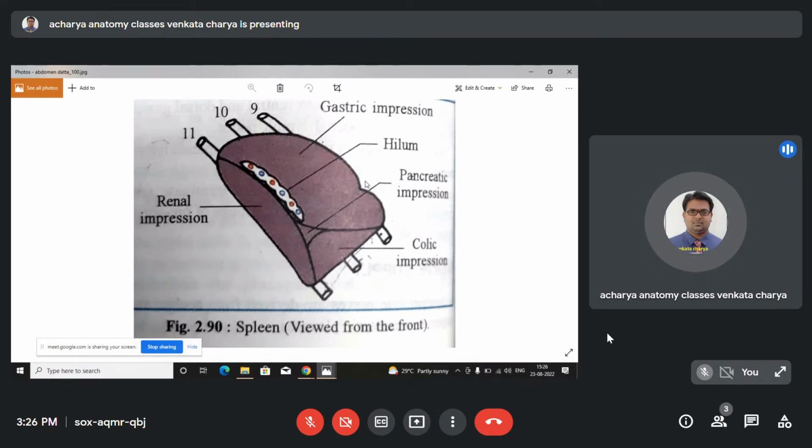See, the anterolateral end is a blunt end. The posteromedial end is a pointed end. Anterolateral end is a blunt end. Okay.